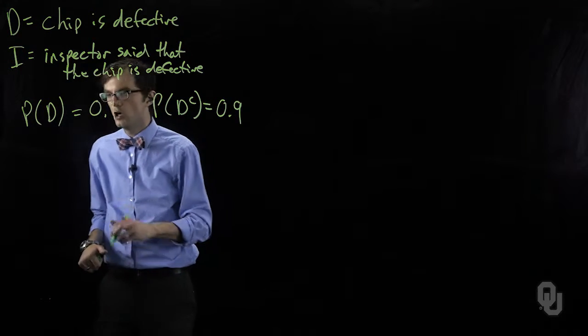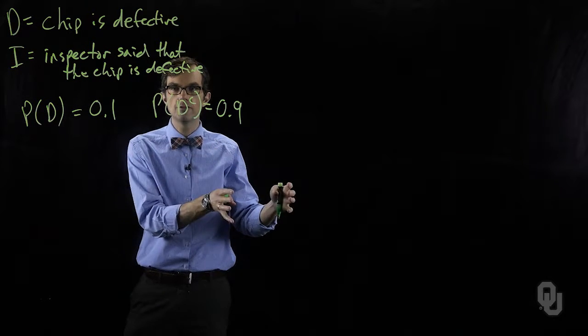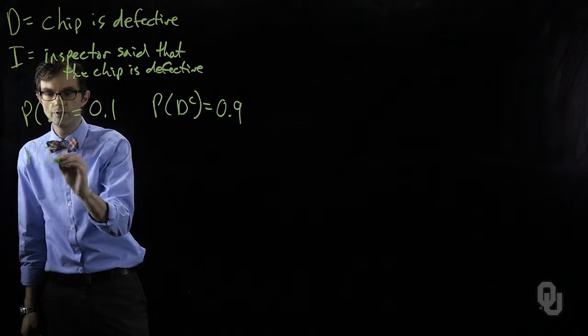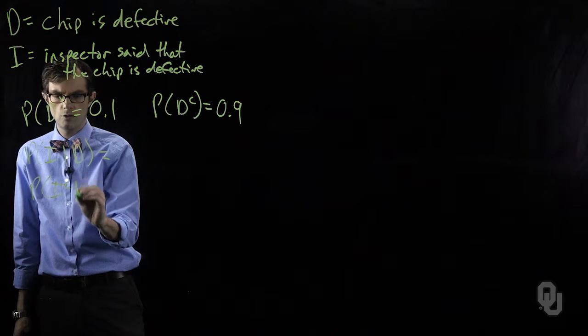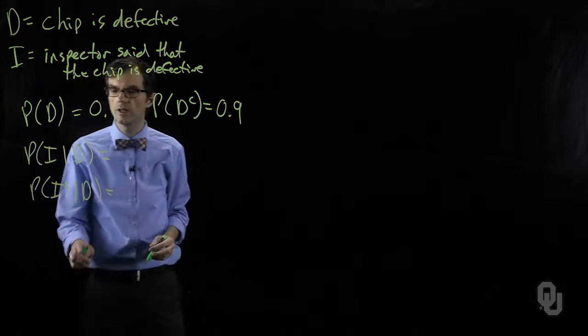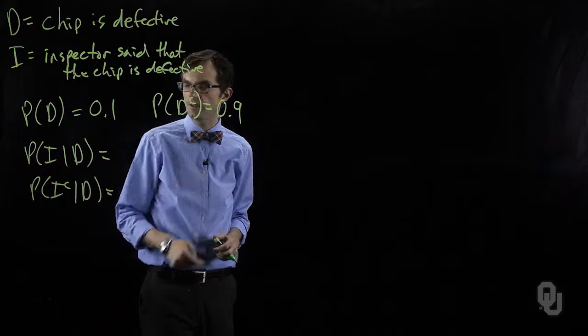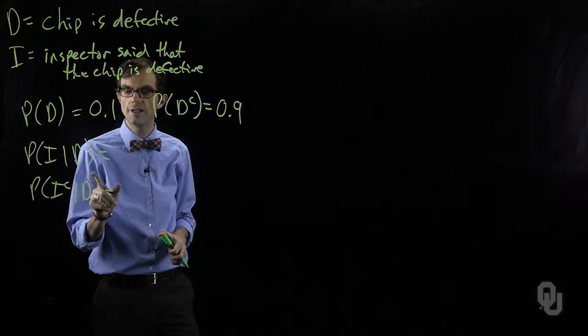What else do we know? We know how good the inspector is when a chip is defective and when a chip is not defective. So let's name a few of these. We were specifically given the error rate when a chip is defective. What is the error rate by the inspector when a chip is defective?